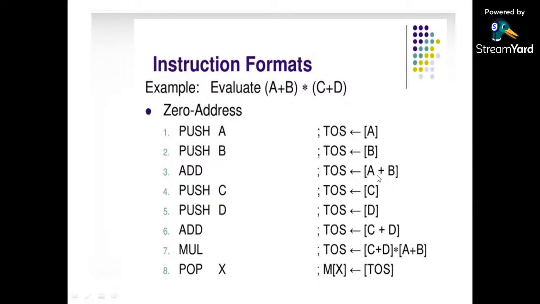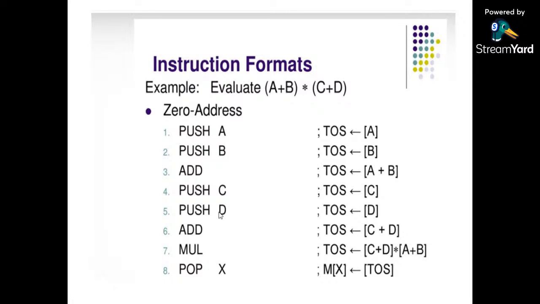Okay, so please try to understand very carefully how this program is being executed. The top of the stack is now c, and top of stack minus 1 is the result of addition of a plus b. Then again we give push d.